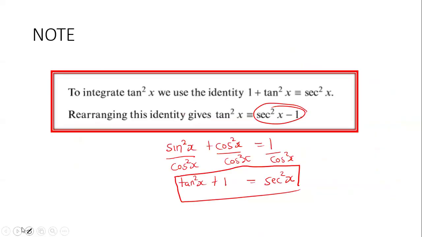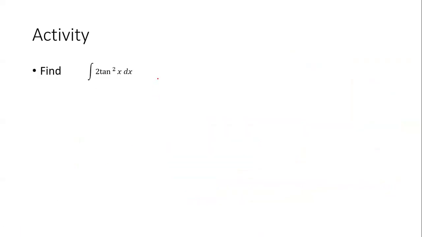Now, like we have said, this identity is going to be very important for us whenever we meet tan squared. Because you remember, tan squared is also an even power. If we have such, we shall say that 1 plus tan squared x is equivalent to sec squared x.